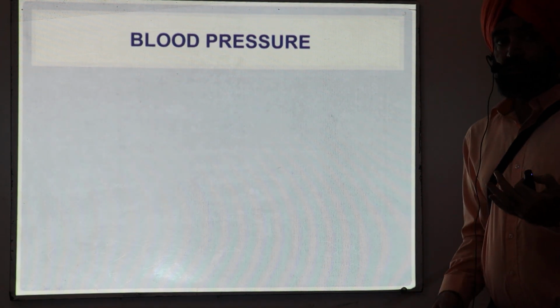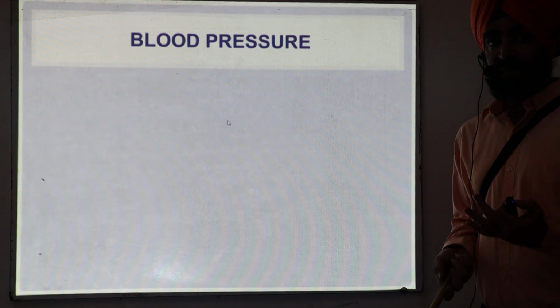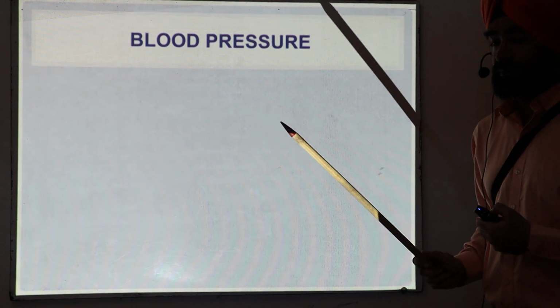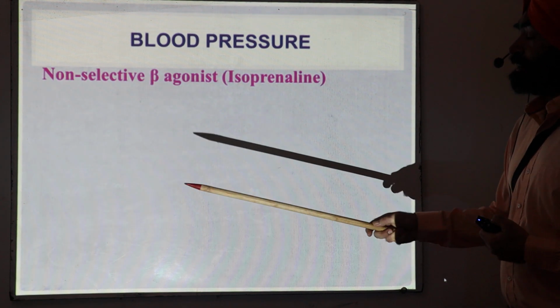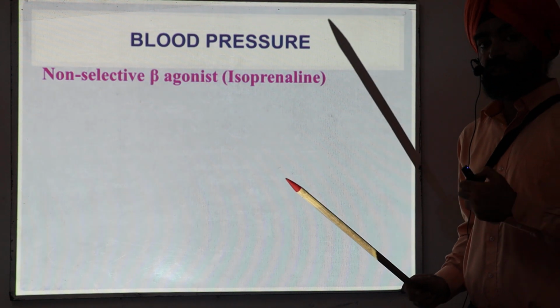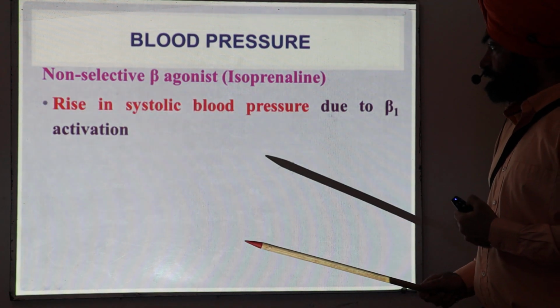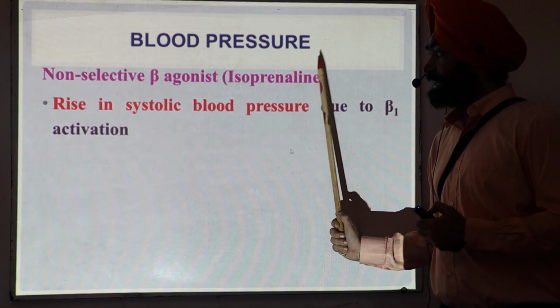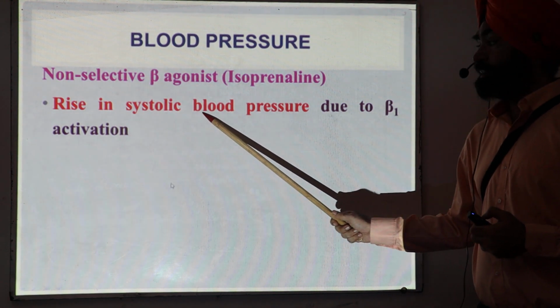Now, if the blood vessels are affected, automatically blood pressure will be affected. So what is the effect on the blood pressure? Let's take the example of isoprenaline, which activates beta 1 as well as beta 2. This produces a very interesting effect. It produces a rise in systolic blood pressure.